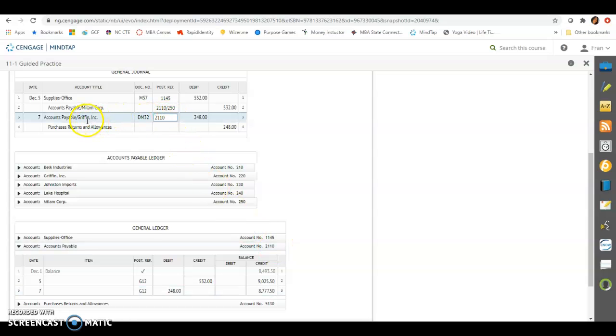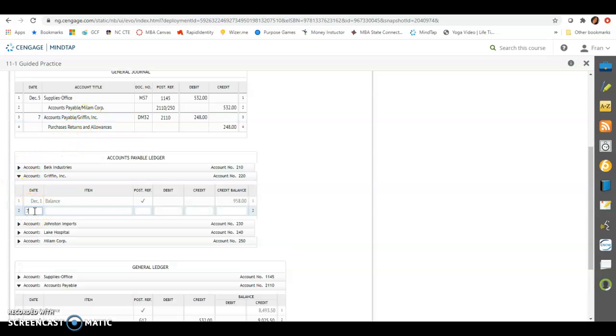But we're also going to have to open the Griffin journal and post it to that as well. G12, debit for 248. They have a credit balance. We got to subtract.